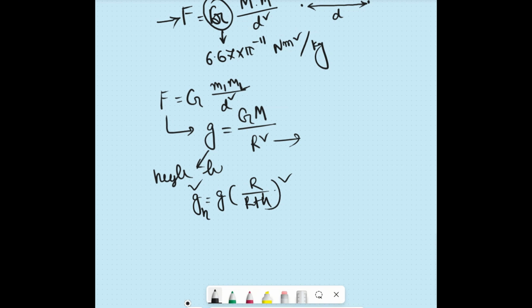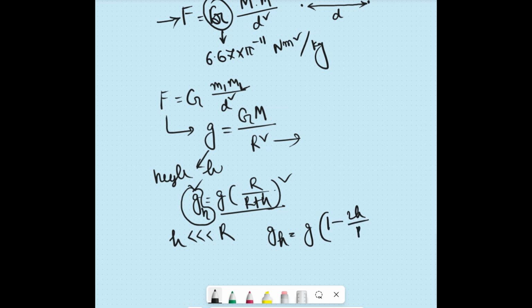So we can find the acceleration due to gravity wherever we like using this equation. If this height is very small compared to the radius r, in that case we can write g of h equals g times 1 minus 2h over r. This equation can also be used to solve some numerical problems.